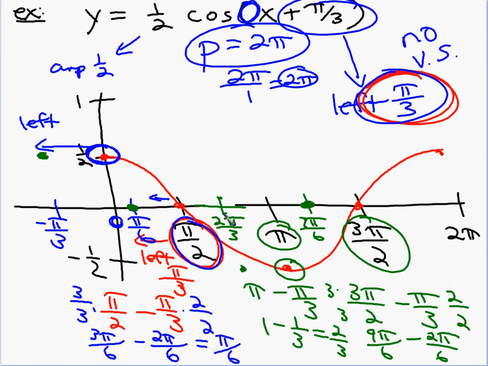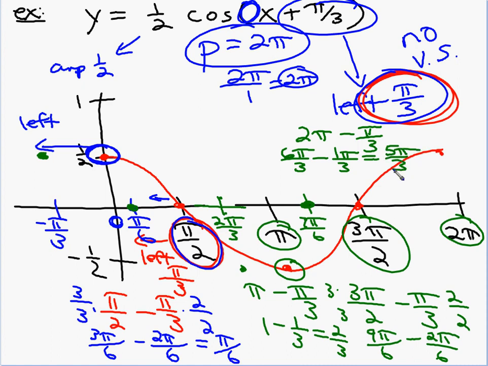All right, and then one last thing, I need to subtract pi thirds from 2 pi. 2 pi minus pi thirds, well, that's going to be like 6 pi thirds minus 1 pi third, which will be 5 pi thirds. And there is my last point here at 5 pi thirds.